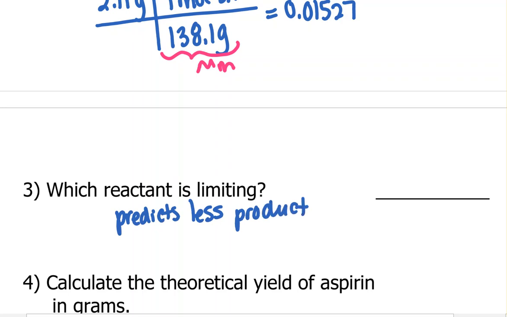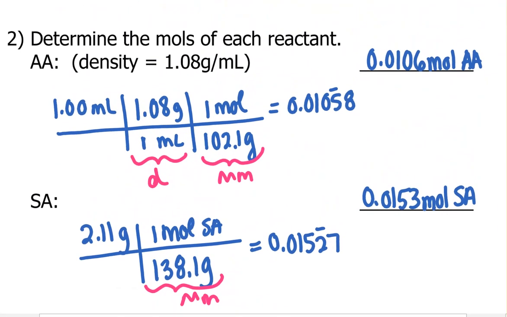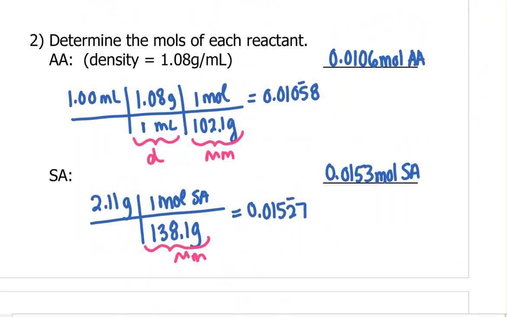But this is a pretty simple one, so we can just look at these amounts of reactants and just look at them and predict how much product they would give. In other words, how many moles of aspirin would that much acetic anhydride make if it all reacted?